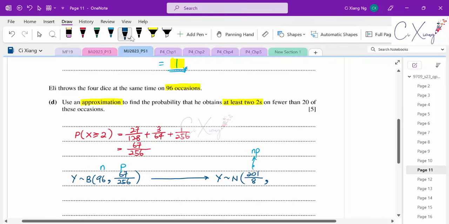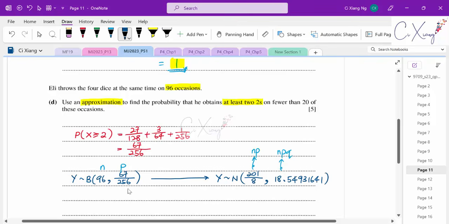Then to get the variance, it will be npq, where q means 1 minus p. So you take n times p times q again, and you get a long value. For me, I will keep it as long as possible, because later when I apply the calculation with this value, I want to get the most accurate answer.